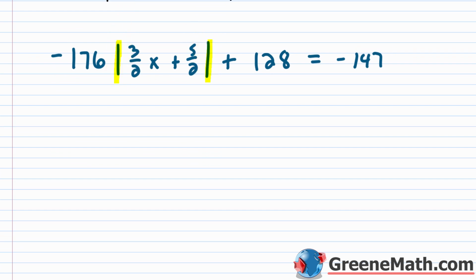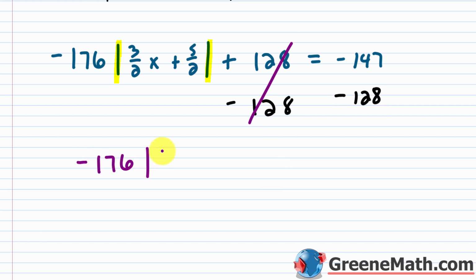And again, my goal is just to isolate this for right now. So let's subtract 128 away from each side of the equation. And so this is going to cancel. And so what I'll have is negative 176 times the absolute value of 3/2 x, and then plus 5/2. And then that's canceled. So this equals, if I do negative 147 minus 128 in my calculator, I get negative 275.